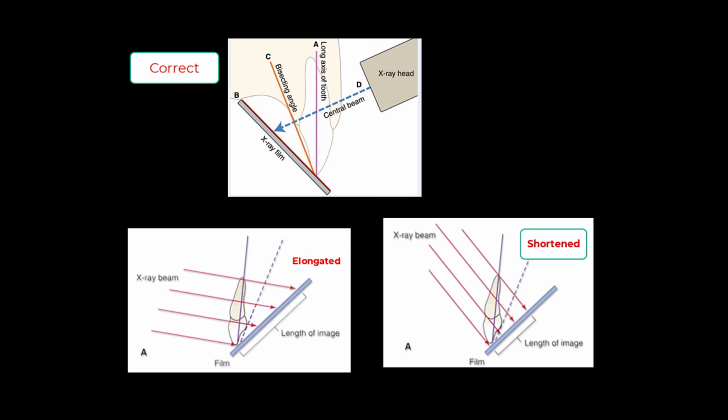And that's when your long axis of tooth and film cannot be parallel, as usually happens in the maxilla for your intraoral picture. And if you get that angle wrong, you will get either lengthening or shortening. Lengthening will be created if you have an obtuse strike of the red X-ray onto the imaginary dotted line, and shortening will happen if you have an acute strike, smaller than 90 degrees, as the beam comes in.